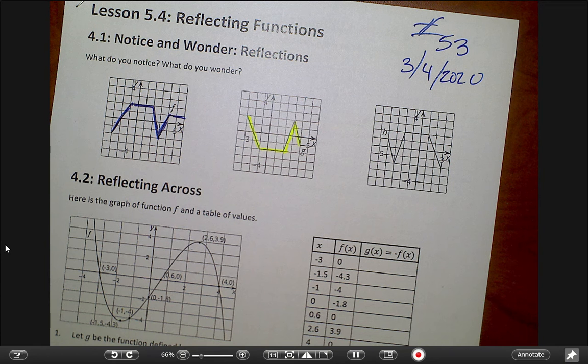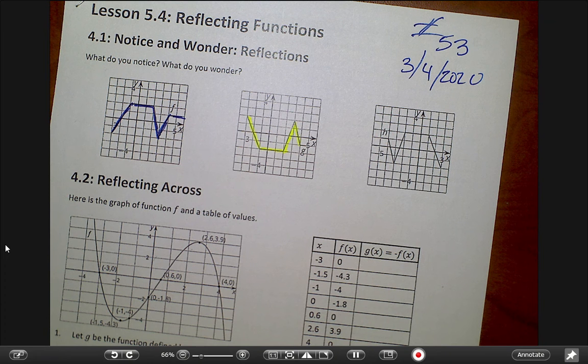Did you guys remember? So it's reflection, rotation, translation, and then what was the fourth one? It starts with a D. Dimension?